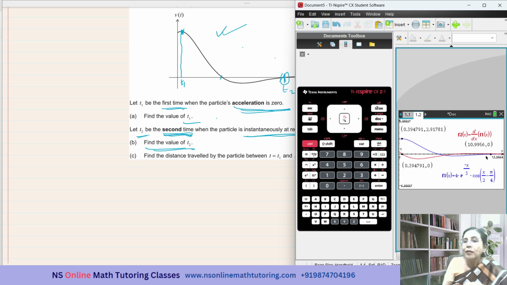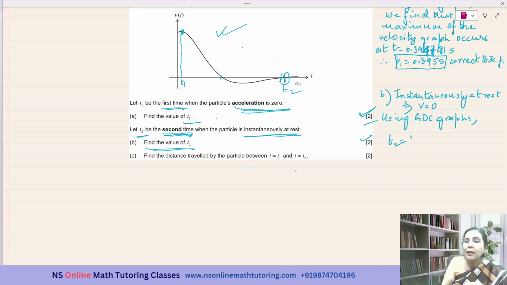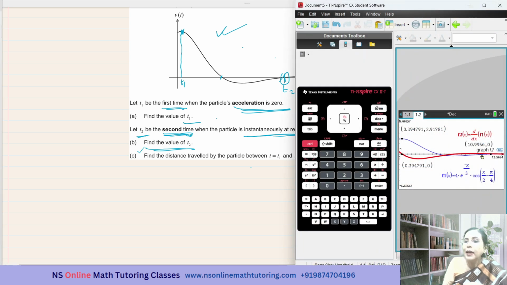Okay. So I can write this as 10.9956. I'm writing this because I need the t equal to T2 value for subpart C also. And for that, I will not be taking up to 3 significant figures. I'll be taking more number of digits. That is why I have written this 10.9956.